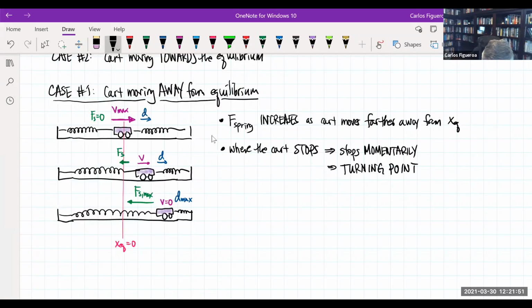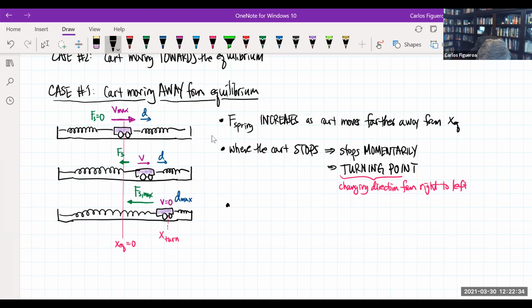So this point right here is what we call the turning point, X turn. And what it's doing here is changing directions. The turning point implies that it's changing directions from right to left now. That's what we mean by the turning point. But it's at rest at that point because its speed is 0.